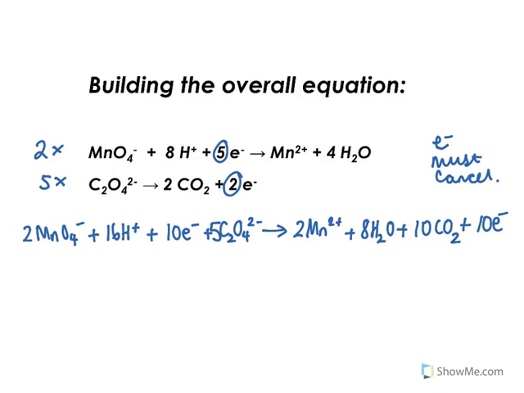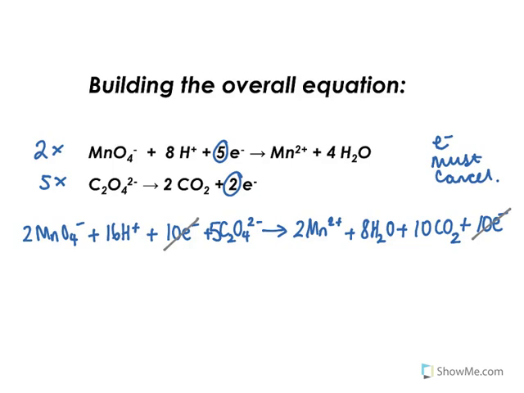The next thing it is important to do is to cancel anything which can be cancelled. So looking just by inspection at this equation, those 10 electrons and those 10 electrons cancel out and nothing else will cancel out. At this stage it's quite common for instance H+ ions or water molecules to cancel out one side or another because of the way that you use those to build the half equations, but in this case that's not relevant.